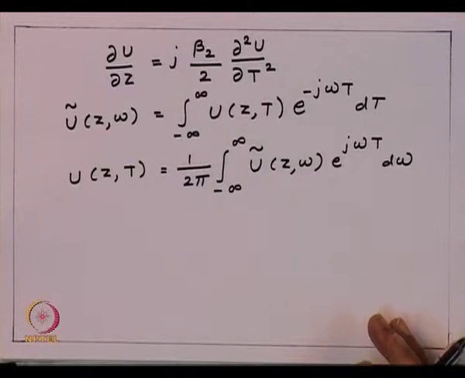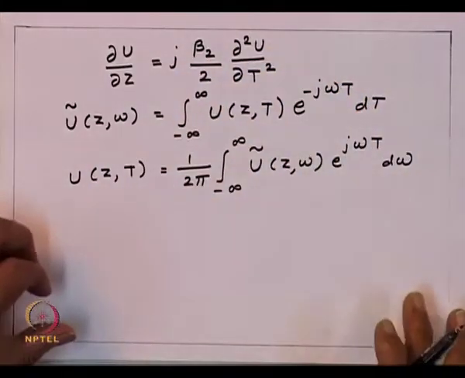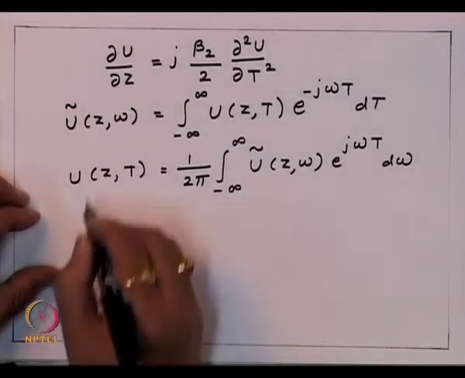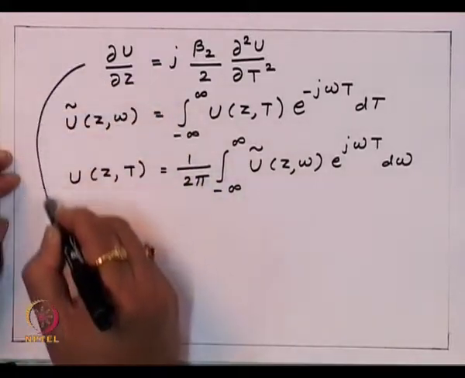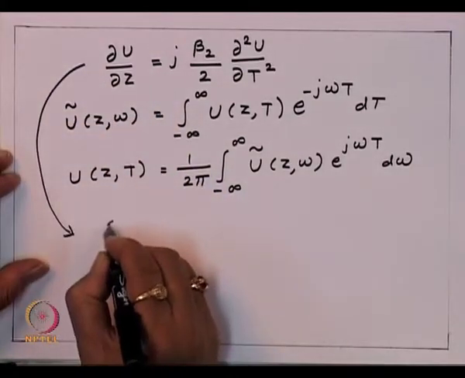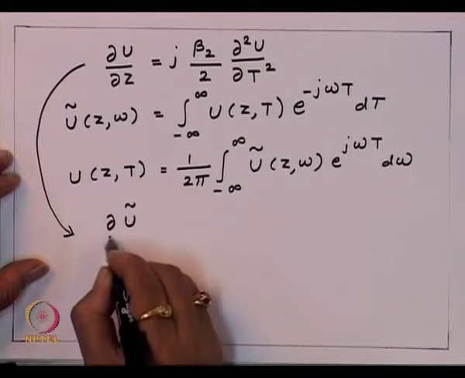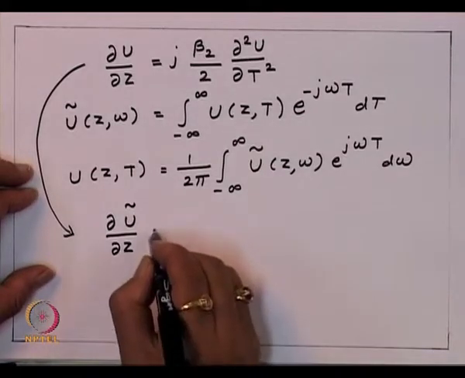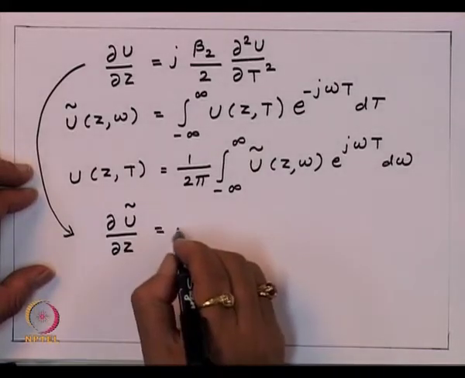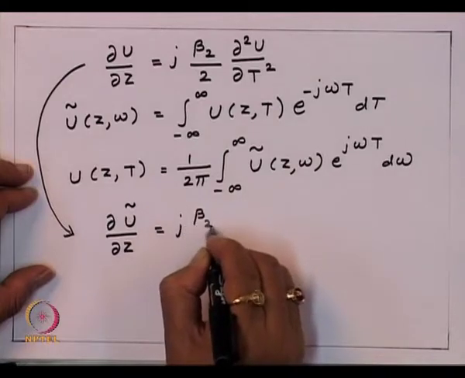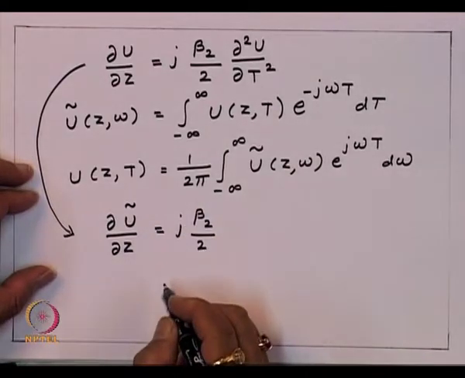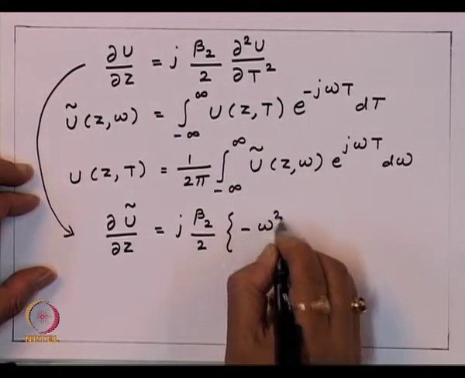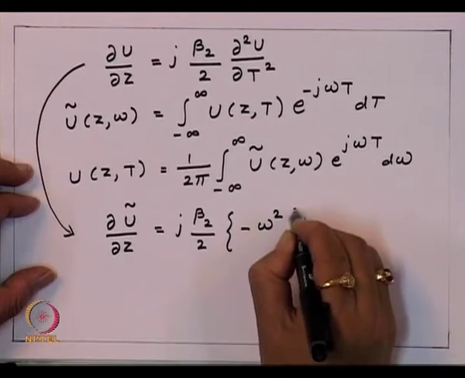So, I can take the Fourier transform of this equation now with this definition. I get the equation d u tilde by dz equal to j beta 2 by 2 times minus omega square u tilde.